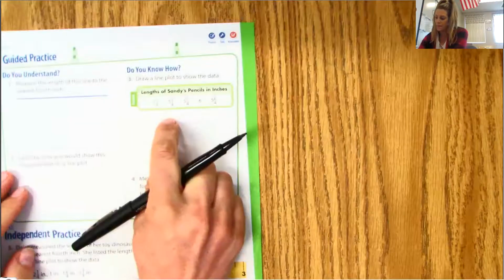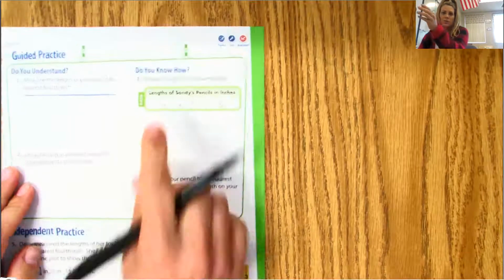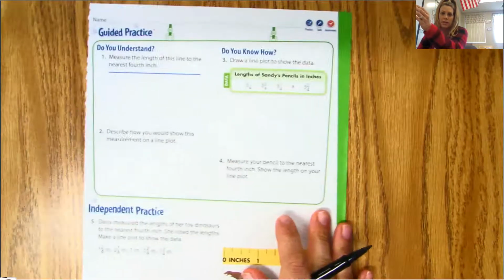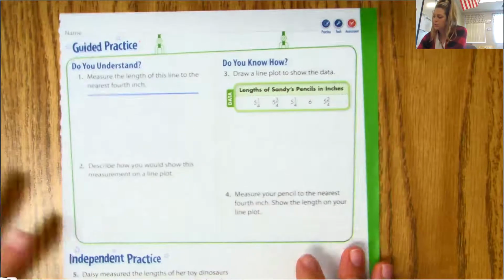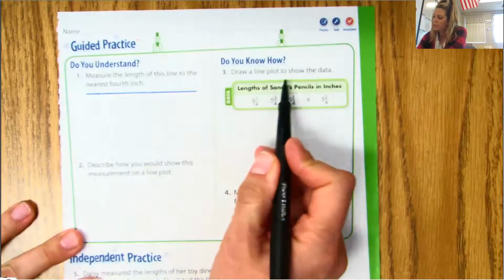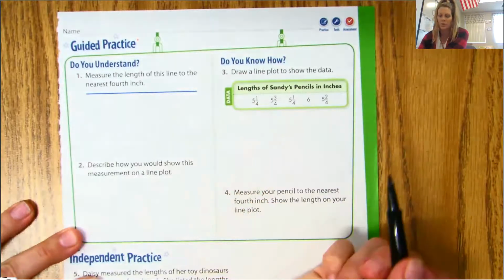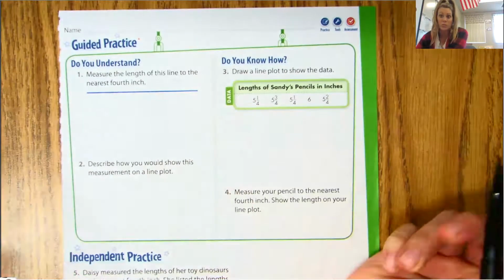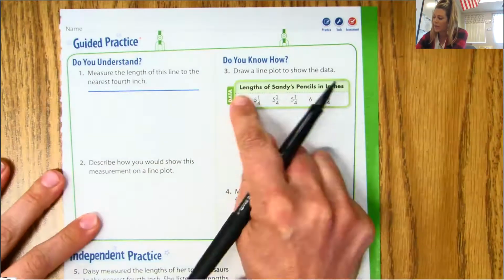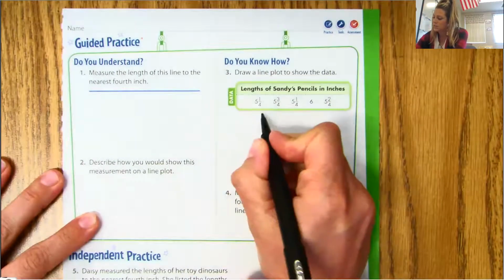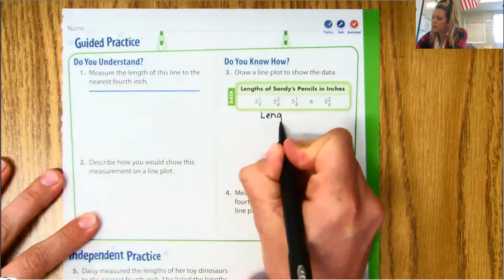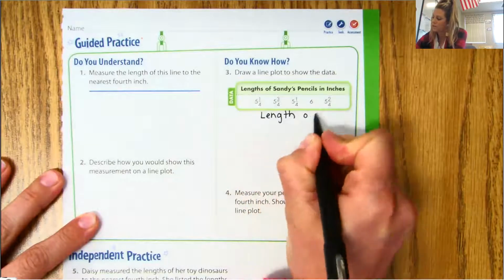All right, so let's go ahead and start with question number 3, okay? And it's a little blurry, so give me a minute to focus. You can be reading question 3. Draw a line plot to show the data, okay? Well, the first thing we want to do is come up with a title. Length of Sandy's pencils in inches. We can shorten that a little bit. Length of pencils.